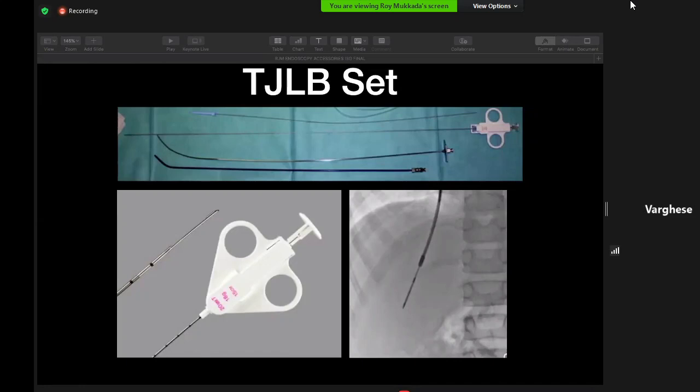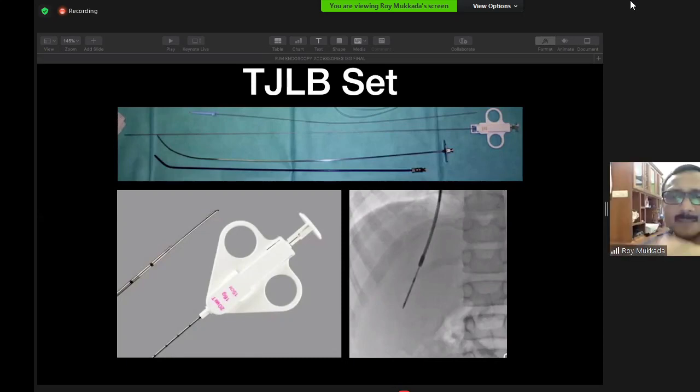So why are you not bothered about bleeding in transjugular liver biopsy? In a patient with profound coagulation failure also, you can do it. There has to be bleeding at the site of puncture, but why are you not bothered? In other words, what is the route by which you go?